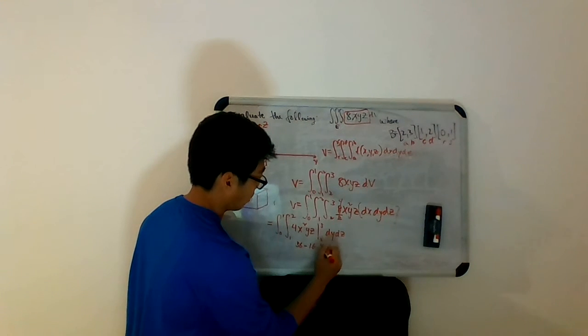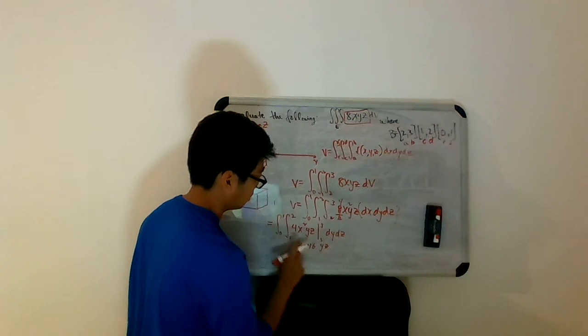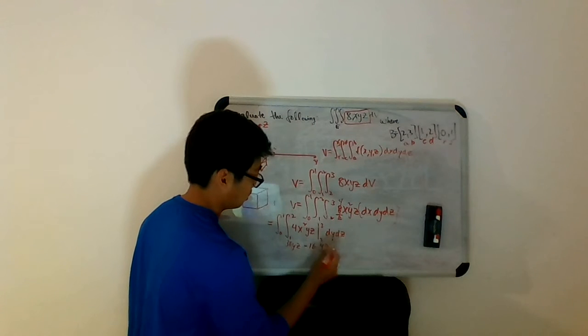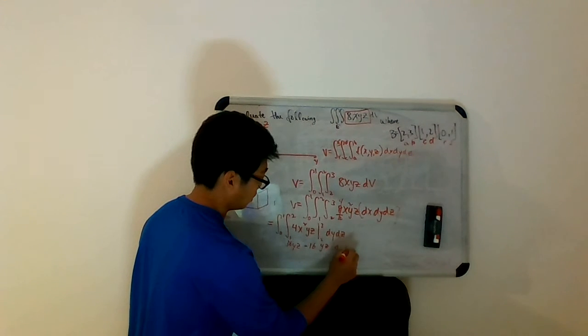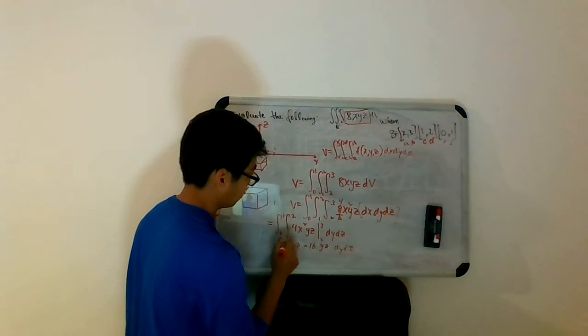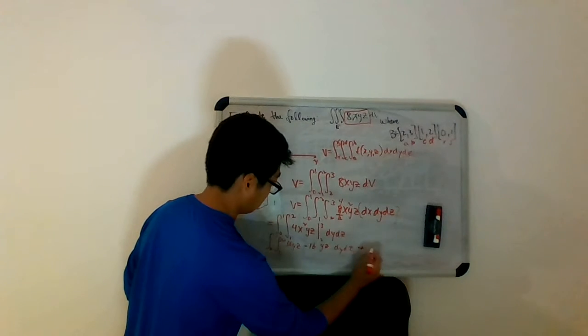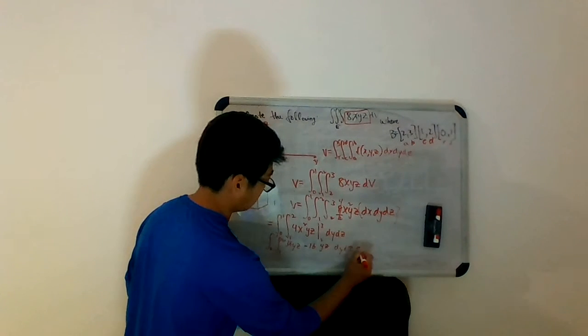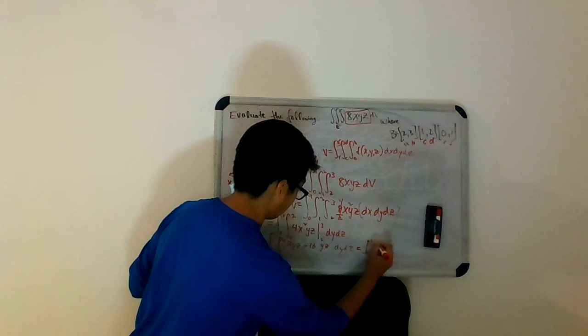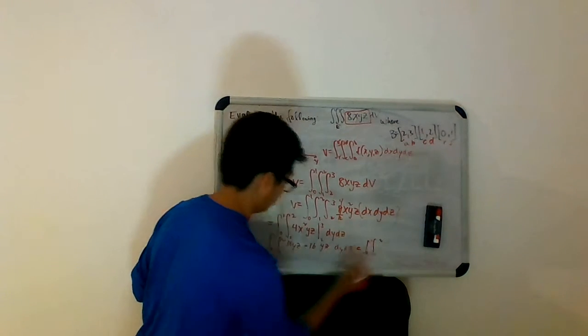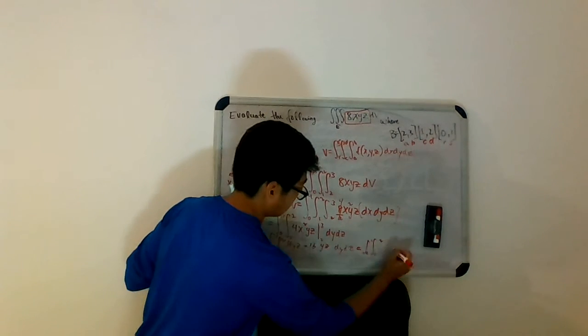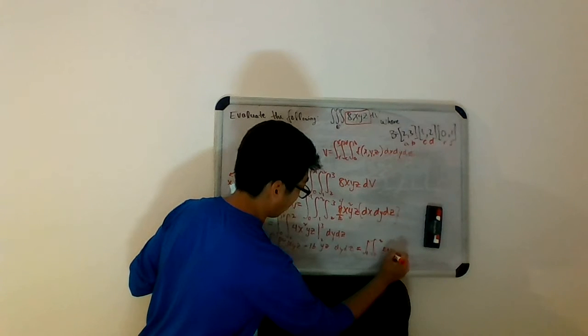And then yz, so it should be 36yz minus 16yz, dy dz, and then the rest of the integrals here. We can simplify this, from 0 to 1, and 1 to 2. So this will be 20yz dy dz.